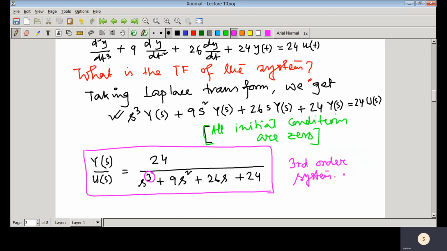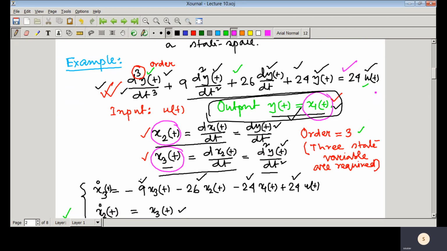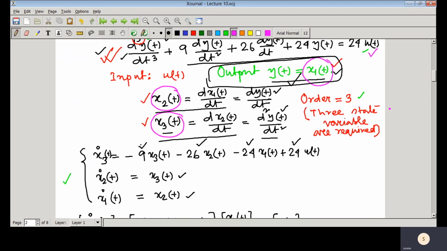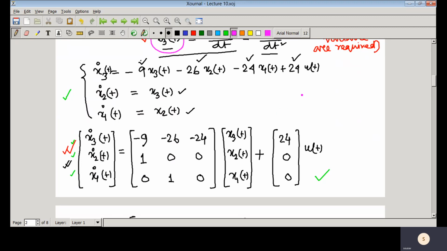So I think from this simple example you can understand that whenever a dynamical system is represented by a differential equation, the order of the differential equation actually tells you how many state variables you need to describe the system completely. So we need 3 state variables, and we have discussed how to represent that system in state variable form.